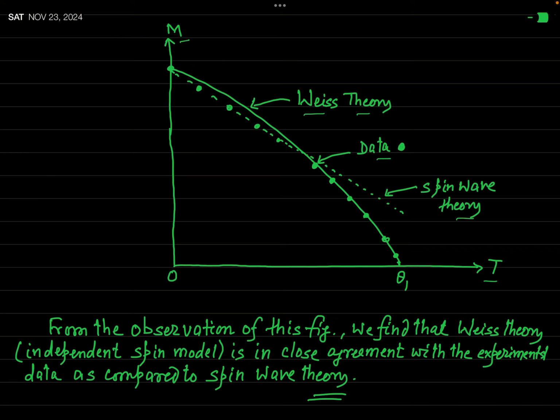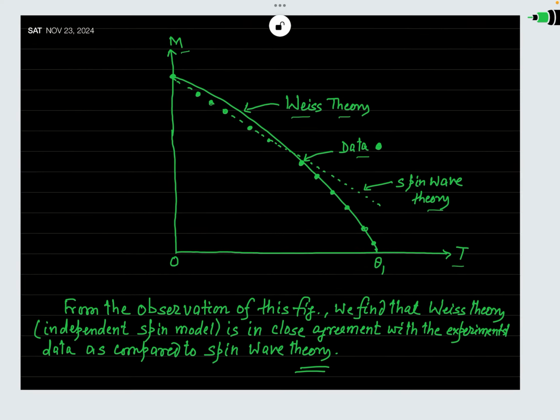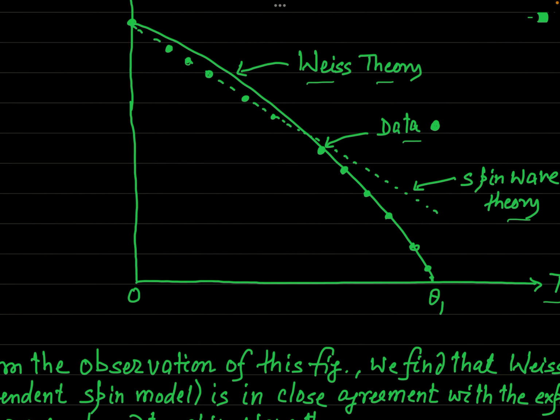And you can see that when temperature is low, then the experimental result and the spin wave theory agree with one another. But at higher temperature, there is a deviation.